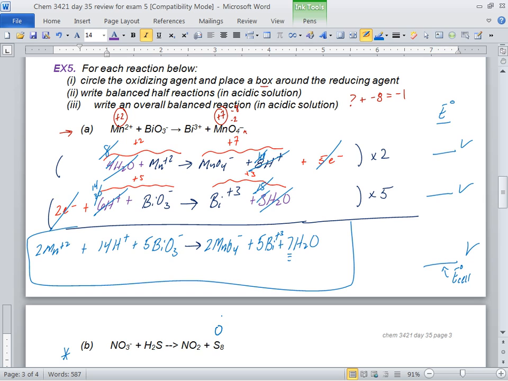Because H has to be what? H has to be +1, right? Because why? Well, don't forget everything that you know about acids, right? You get a lot of H+ from acids, and that's the rule too. Hydrogen is +1. There are exceptions, but we're not going to mess with those.